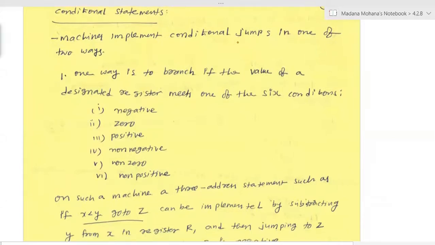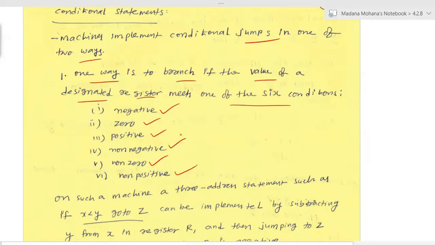The machine implements conditional jumps in one of two ways. One way is to branch if the value of a designated register meets one of the 6 conditions: negative, zero, positive, non-negative, non-zero, non-positive. Any of these 6 conditions we may use.